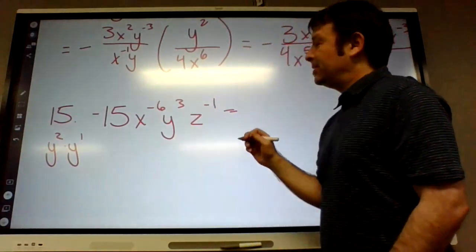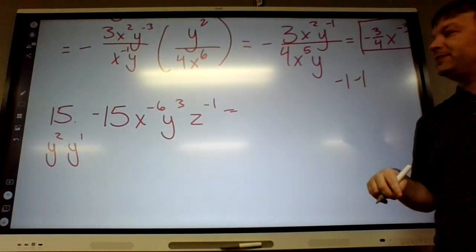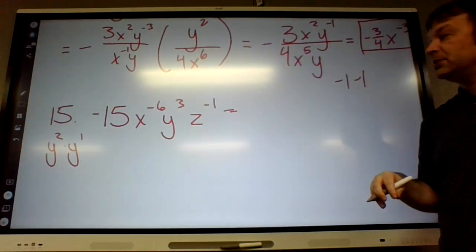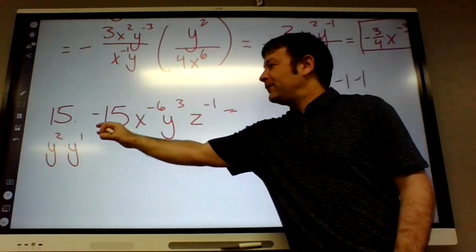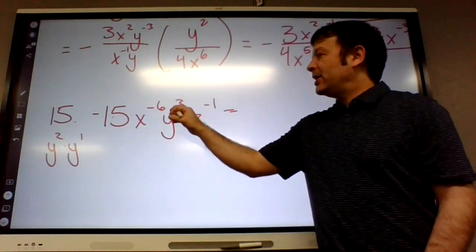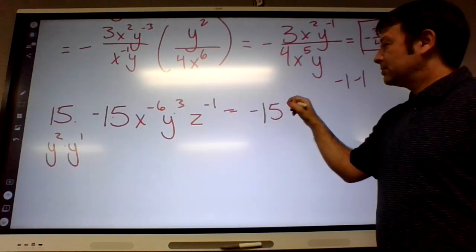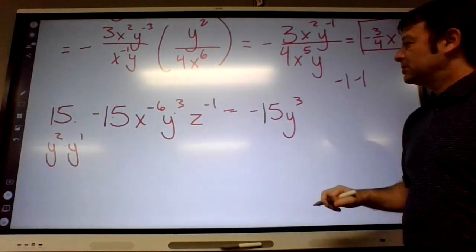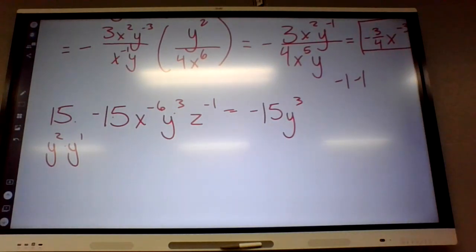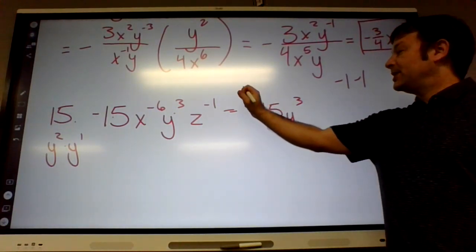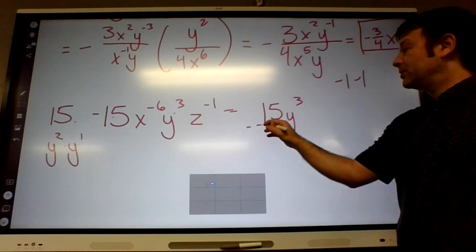Okay, on this section, unlike the last section, we cannot leave the negative exponents alone. So the negative 15 and the y to the third are not going anywhere. It doesn't really matter where we put the negative, we could put it in the middle or whatever.